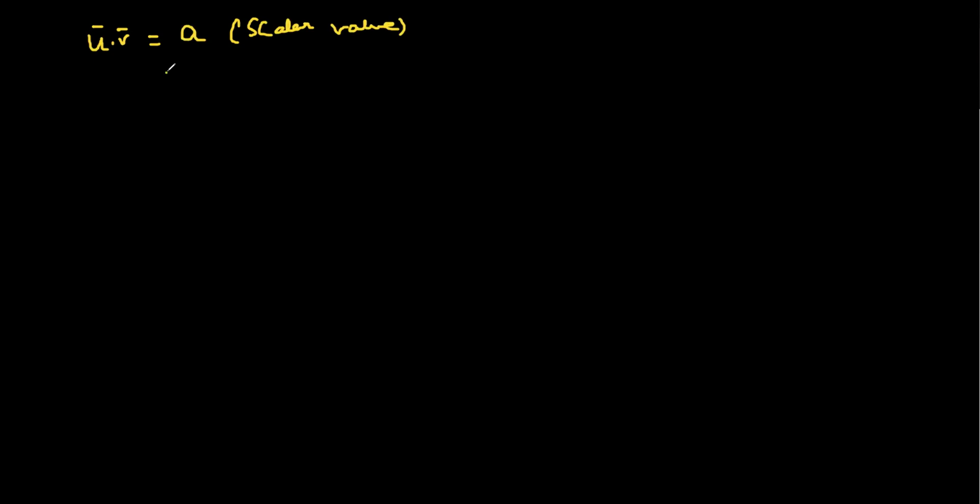Let's suppose u is equal to v. Then you will get u into u, which is u square, and u square is basically the value of mod u square, because the square of anything is positive, a scalar value.